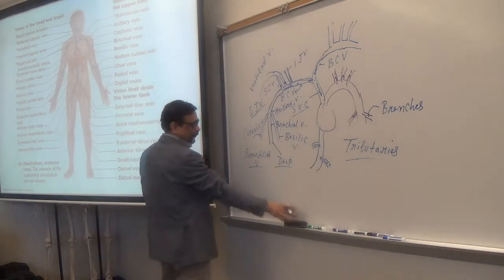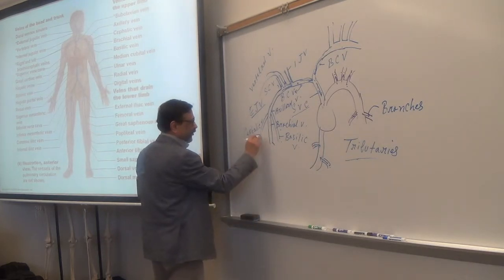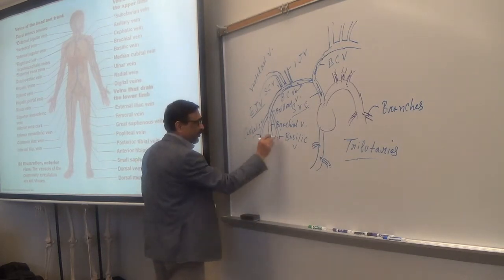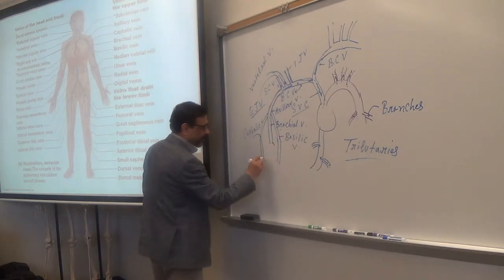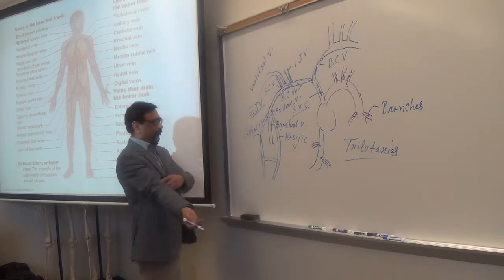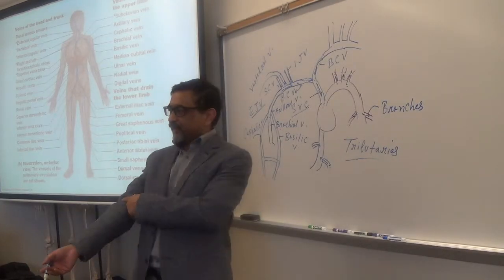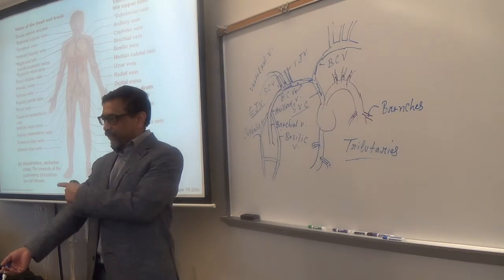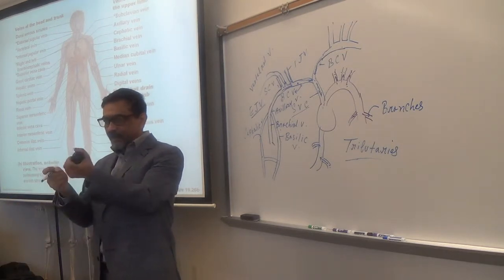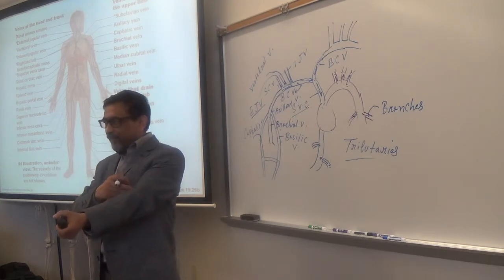It is like this. This is cephalic, comes down, basilic, and they are connected by a vein called the median cubital vein in front of the elbow, this area. And this vein is used in most cases when you go to do a blood lab test, they collect the blood from this vein.